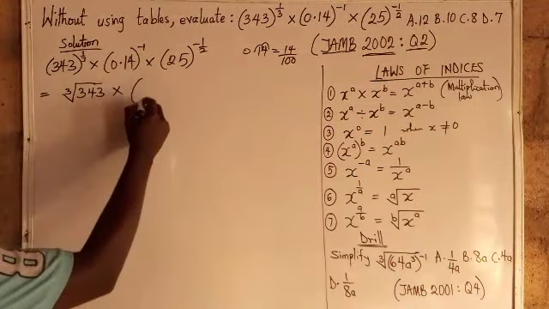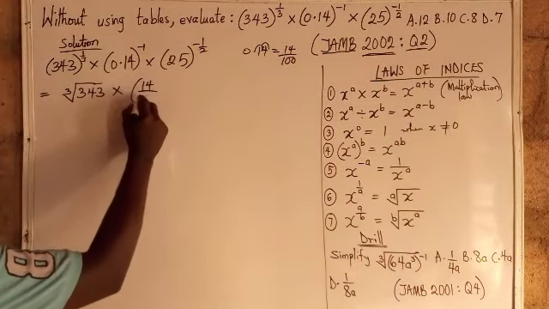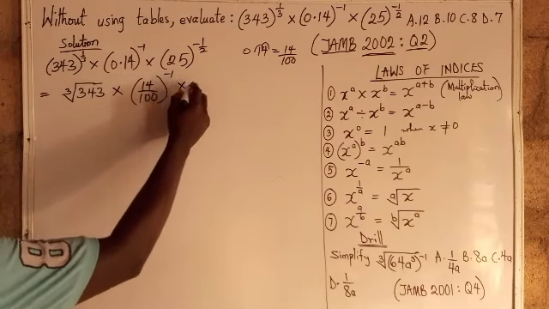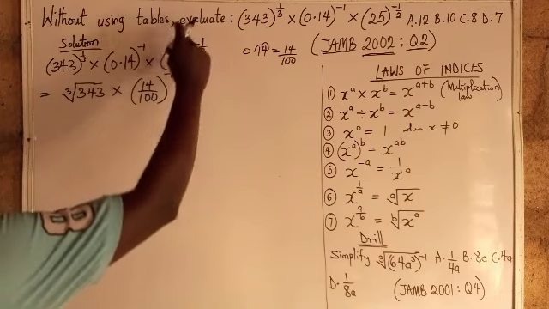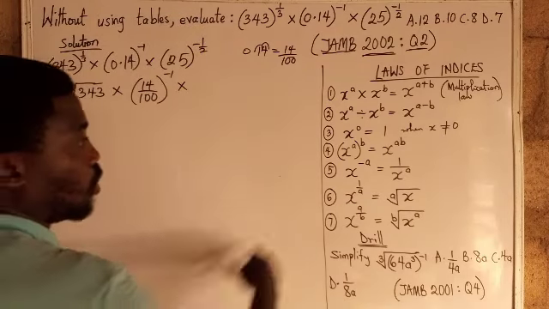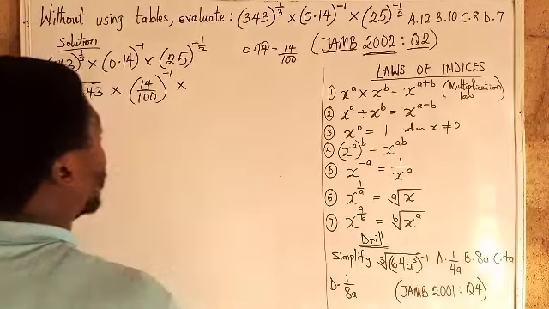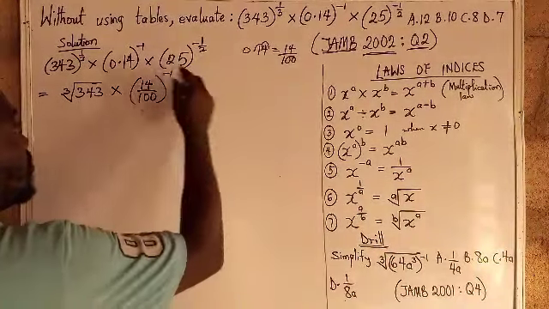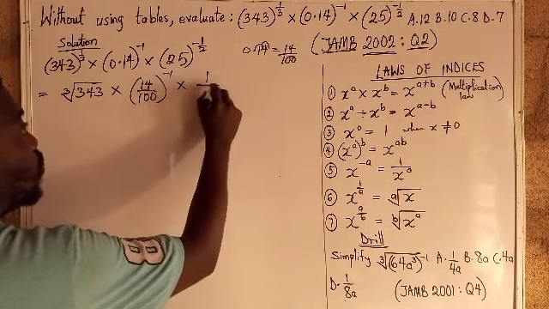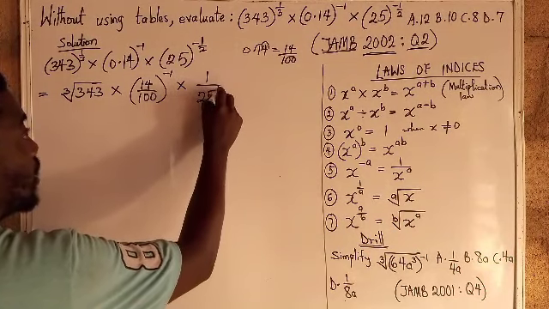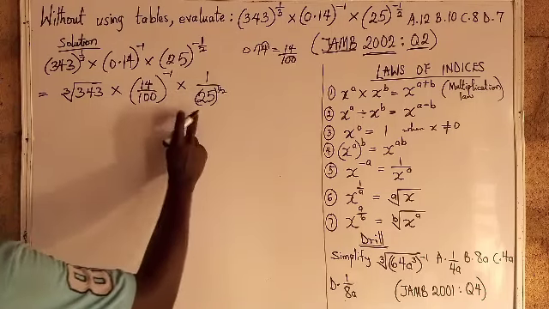So we have open brackets 14 divided by 100, raised power minus 1, multiplied by, we make use of the law where the negative in the power gives the inverse of the number, which we have as 1 over 25 all raised power 1 over 2.